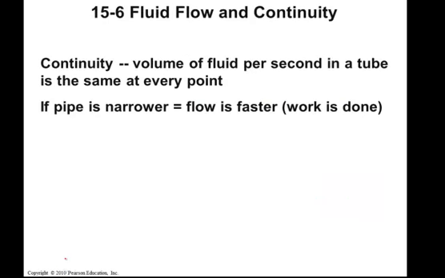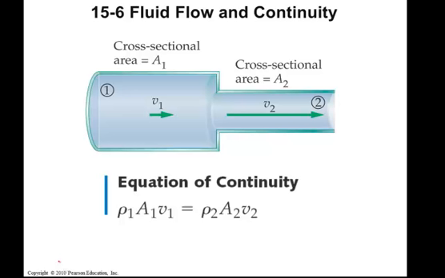It says that the volume of fluid per second in a tube is the same at every point. So if the pipe is narrower, the flow is faster. Alright, so going onward with our continuity, we said that if this area gets smaller, then the velocity increases. And our continuity equation says that rho 1, meaning density, times A1 times V1, is equal to the density times A2 times V2.